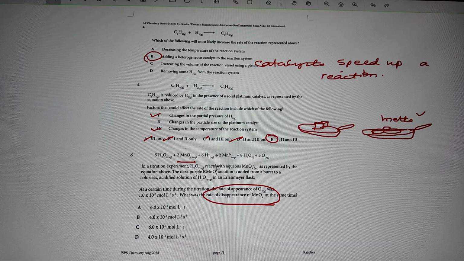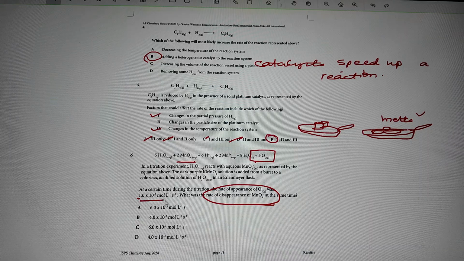O2 is produced, though. So this is produced at this rate, right? So for every 2 MnO4, we get 5.